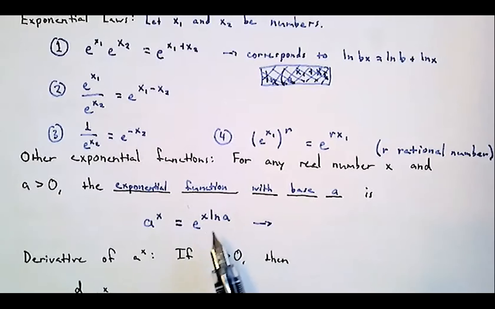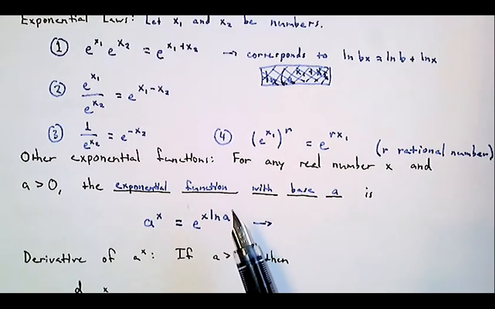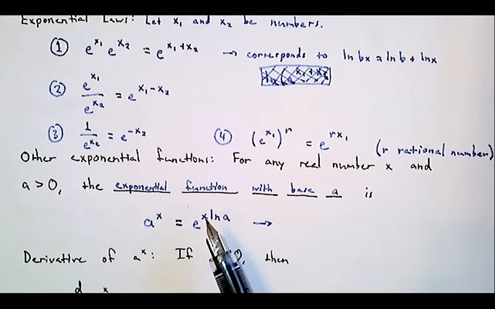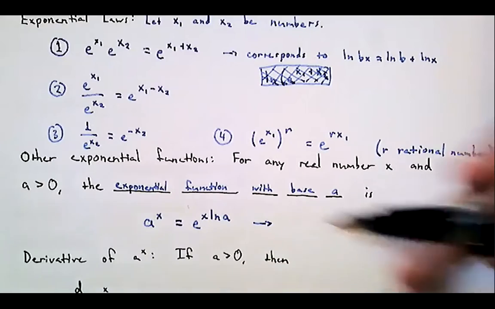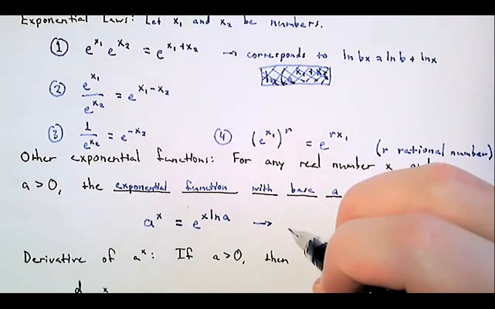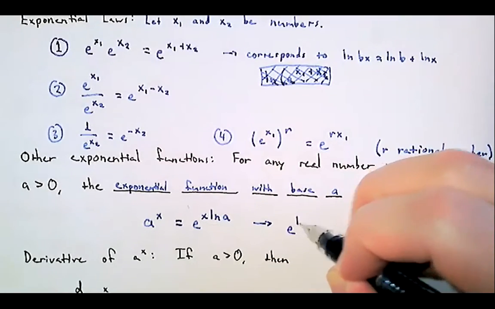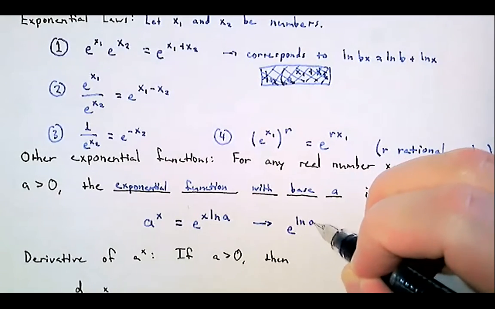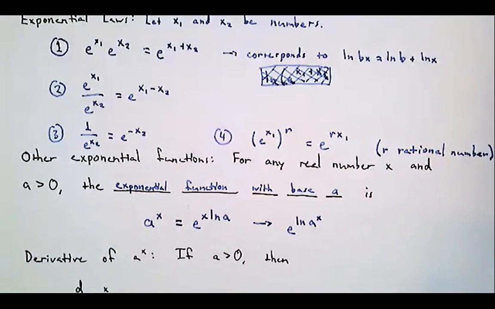One of the properties of the natural logarithm was that we can move multiplication into an exponent, or we can move an exponent here to multiplication. So this can be rewritten this way. A to the x.